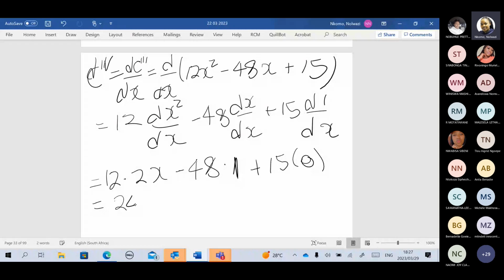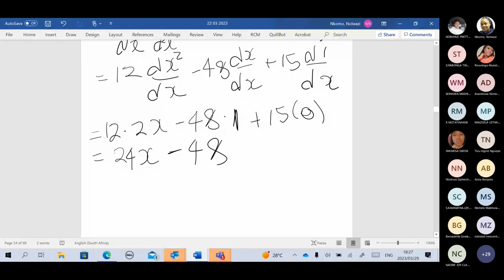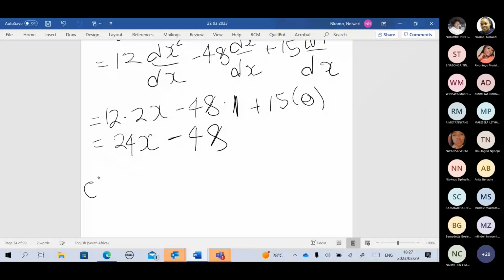Suppose you were asked to find the fifth derivative, which is the derivative of the fourth derivative. And you can write this the same way, the derivative of 24x minus 48 with respect to x. Again, you can separate this and differentiate separately.